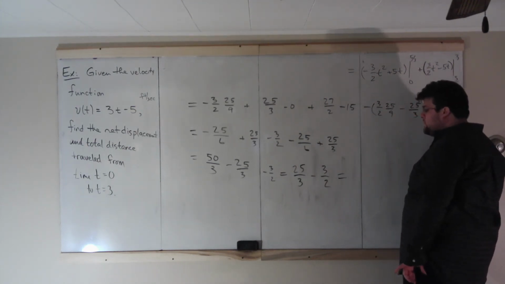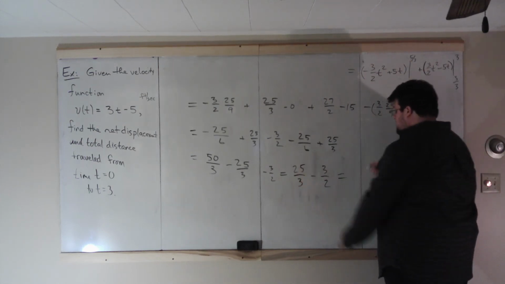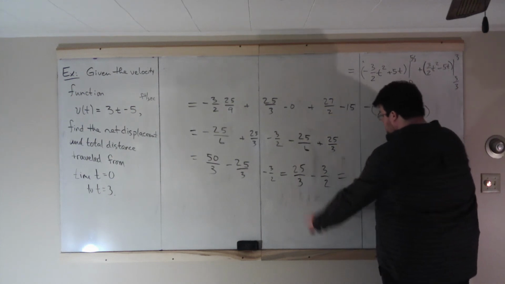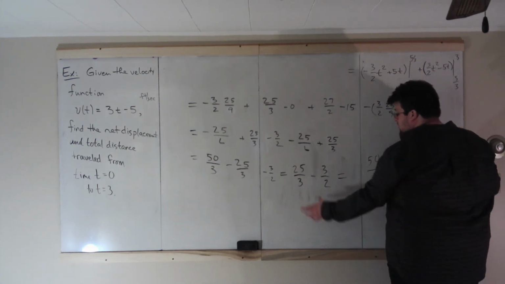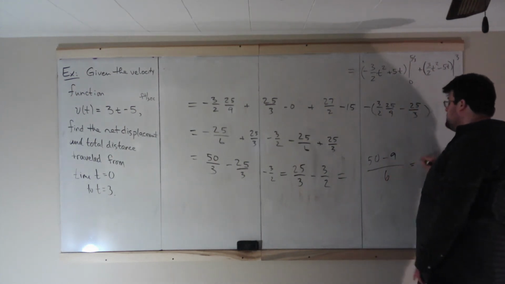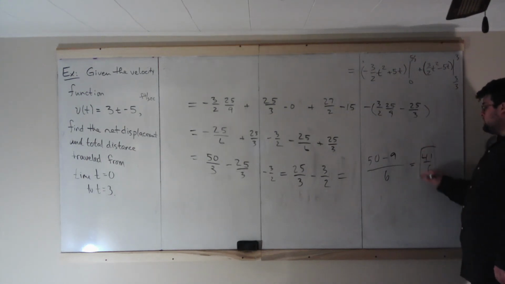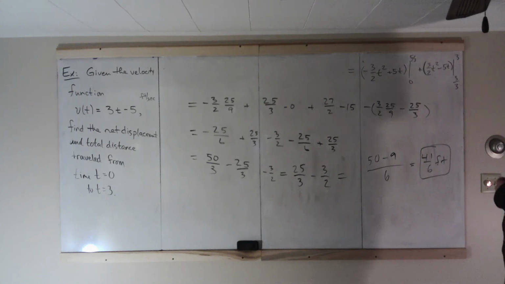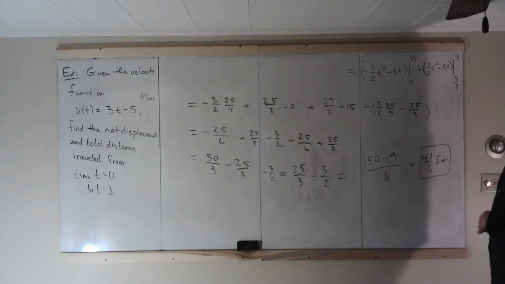How does it equal 41 sixths? 50 minus 9 over 6. 41 sixths feet. Or you could do the common denominator thing.